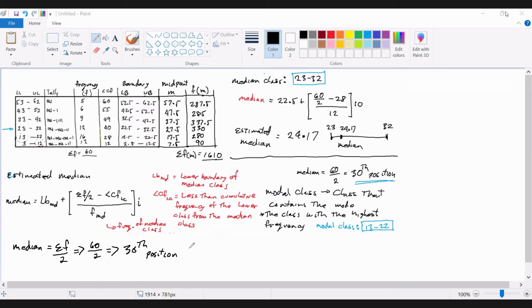So that means our median class is 23 to 32.